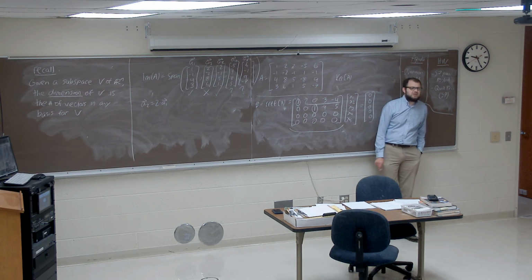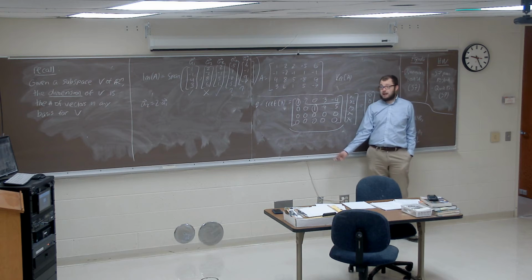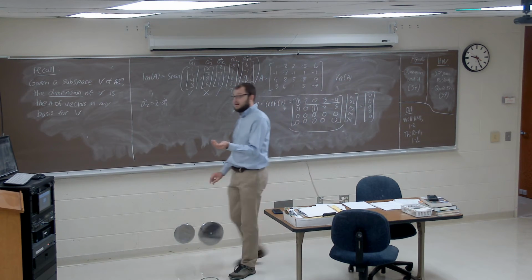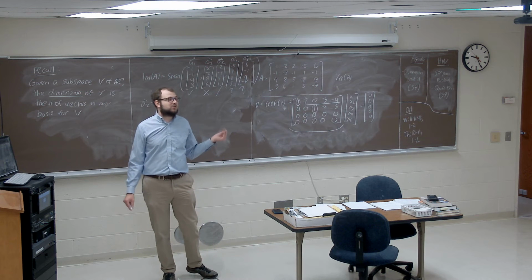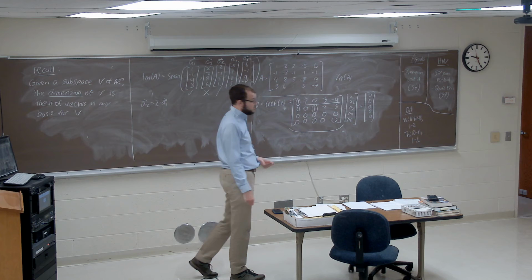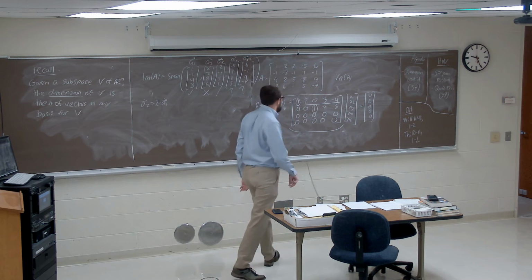We've never actually used the reduced row echelon form to say anything about the image of a linear transformation. We've used it to find a basis for the kernel, or spanning set for the kernel in the past. But we've never really used the reduced row echelon form to find a basis for the image of a linear transformation. Let's talk about how we can do that.